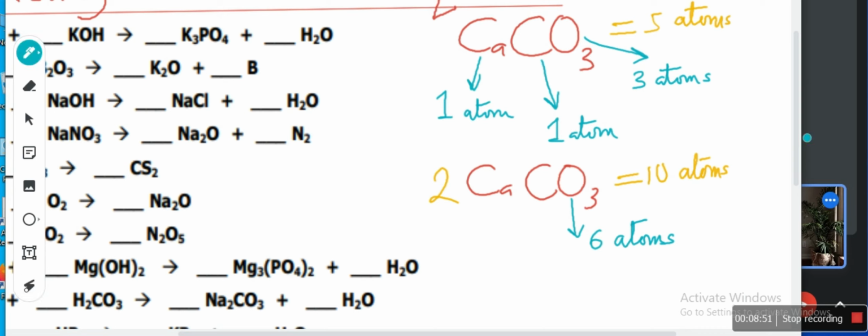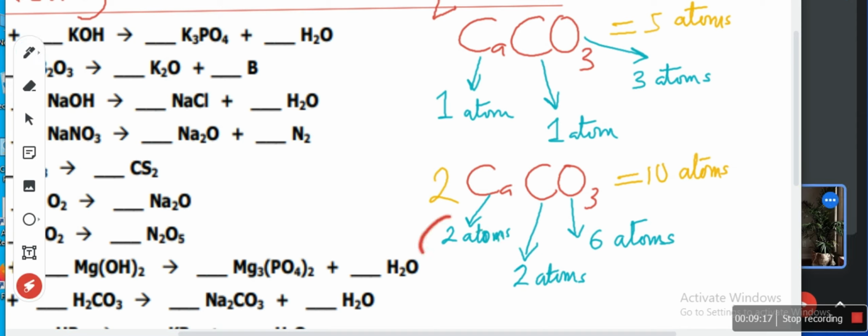For carbon, it was originally 1 atom, so it will be 1 times 2, which is now 2 atoms. And for calcium, it was originally 1, so altogether now it will also be 2 atoms. That's why when you add up everything, you have 2 plus 2 plus 6.